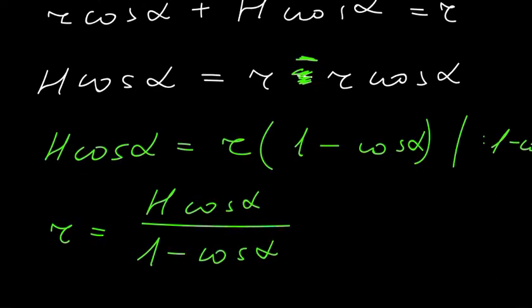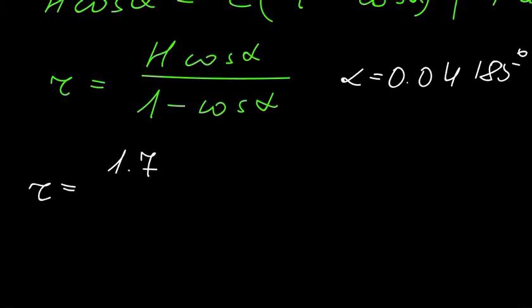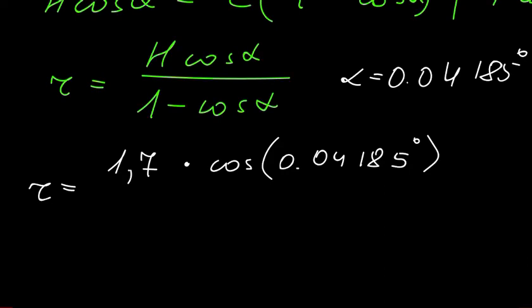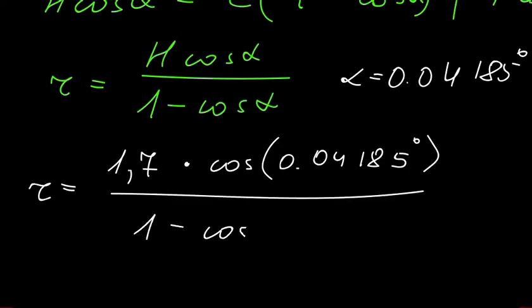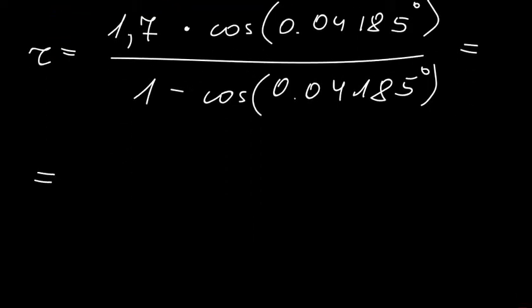Now we know that our alpha is 0.04185 degrees, so we get that our radius is 1.7 meters times cosine of 0.04185 degrees divided by 1 minus cosine of the same amount of degrees, and this will give us that the radius of the Earth is 6,372,842 meters.